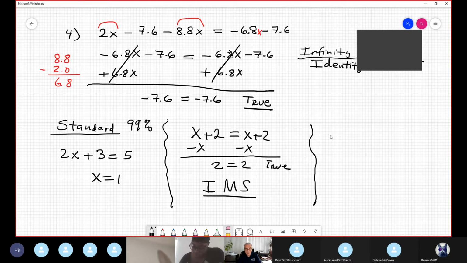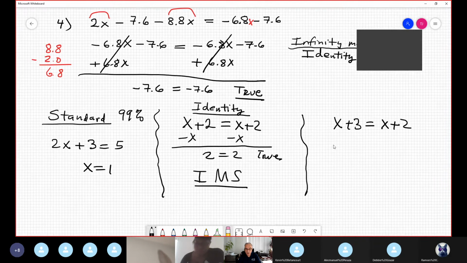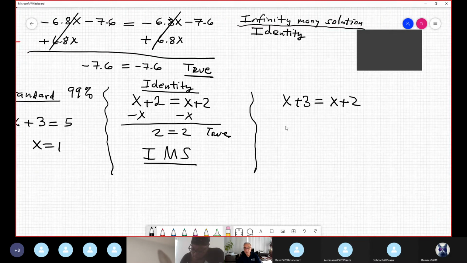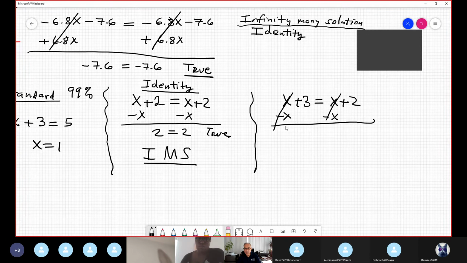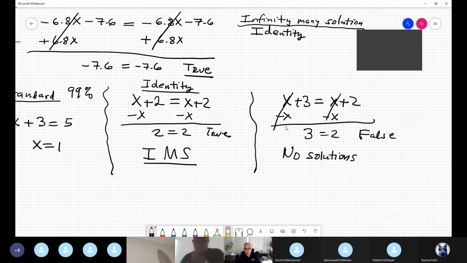However, you have another. This is identity. But we have another, que es, suppose x plus 3 equal x plus 2. Wow, it's different, right? So you're subtracting x because I want to manipulate this. Again, this cancels out to 0 and you get 3 equal 2, a totally false statement, and we have no solution. No solution, therefore, this is called a contradiction.